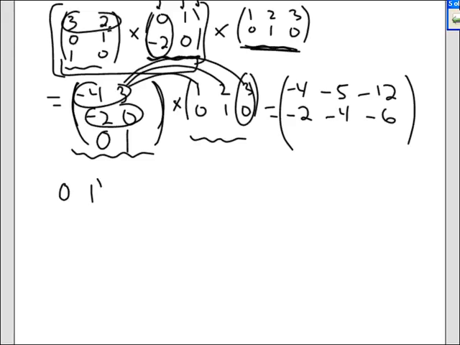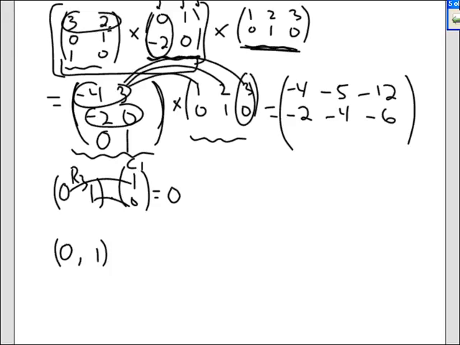So row 3, dotted with column 1. 0 plus 0, 0. Row 3 with column 2. 0 plus 1 is 1.